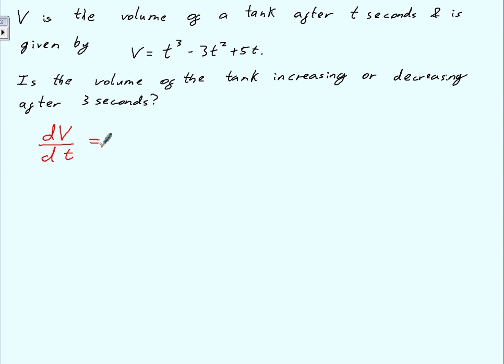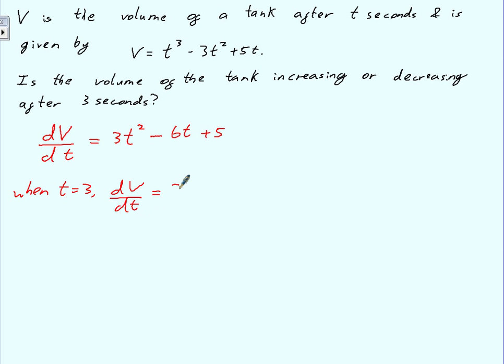So let's differentiate this equation now. Again, same rules as before, bring down the power. We get 3t squared minus 6t plus 5. Now I'm only interested in the case after 3 seconds. So when t equals 3, what happens to the rate of change?